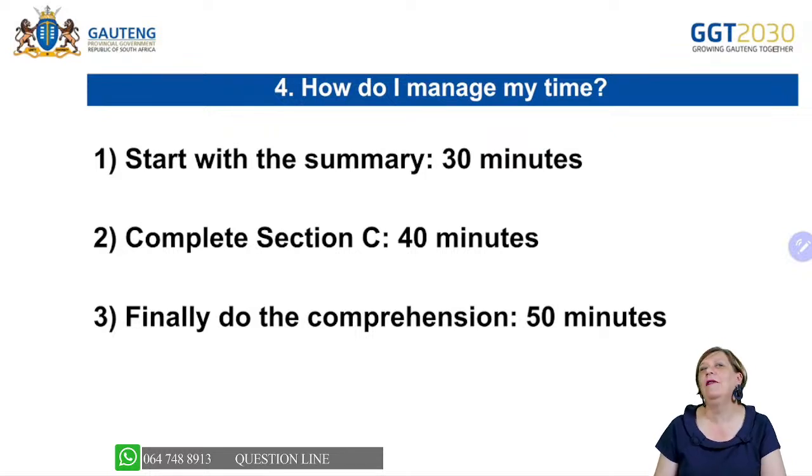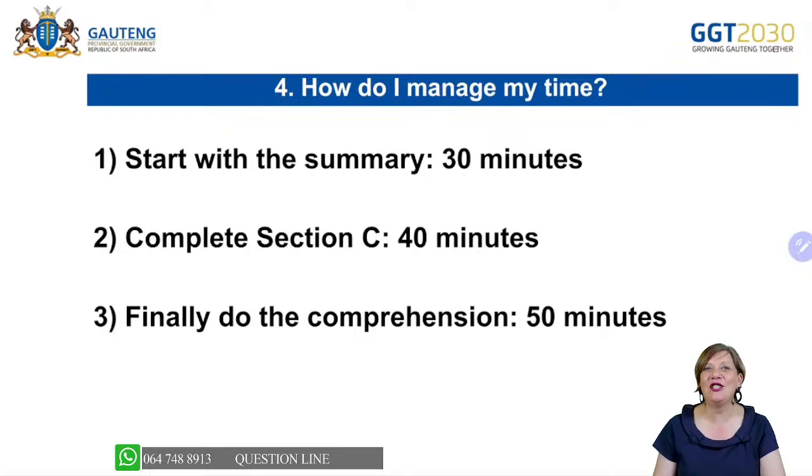Now, I think this will be the best advice ever. I really don't want you to start with the comprehension first. Yes, I know it's question 1, but nowhere in the instructions does it say that you have to start with question 1. It just says answer all the questions.